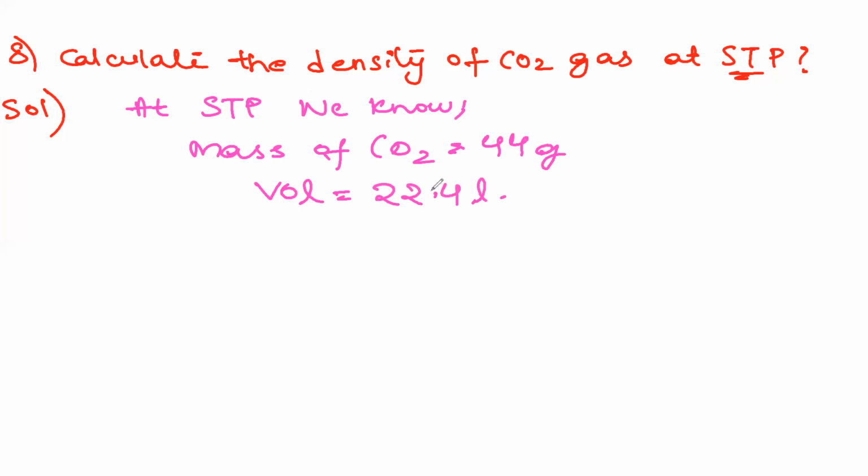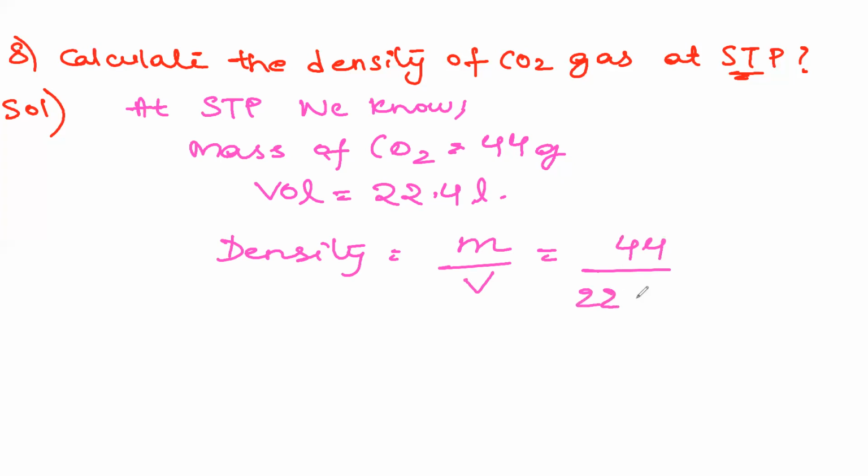So we know the volume as well as mass. Density is equal to mass by volume. So we can write 44 by 22.4. So the answer will come up to 1.96 grams per liter, because the mass we are taking in grams per liter, L^-1.